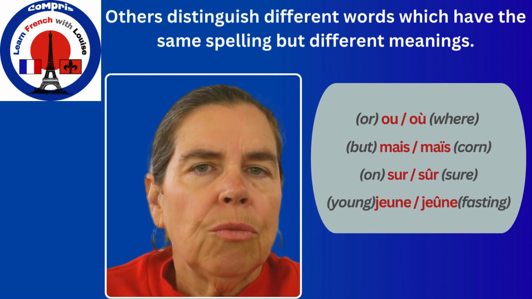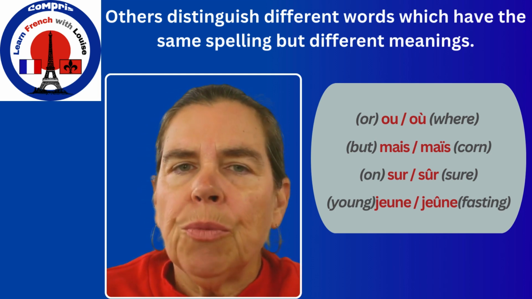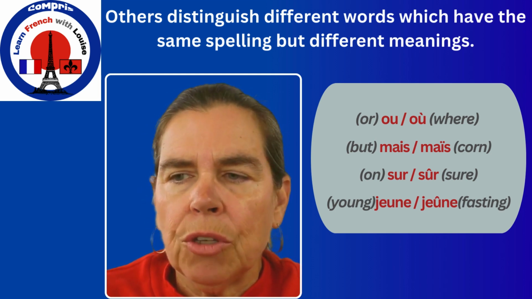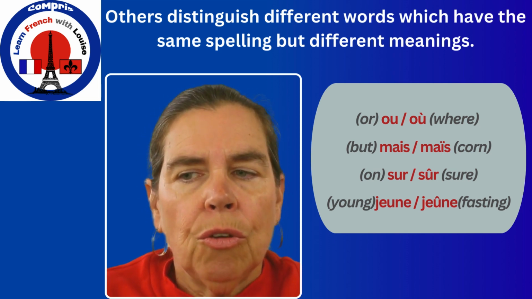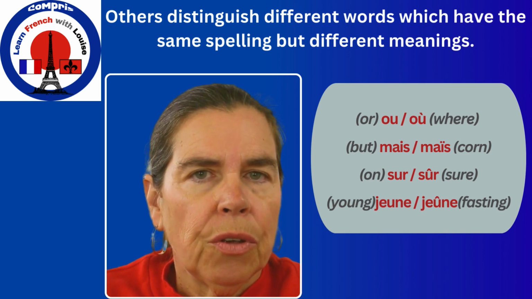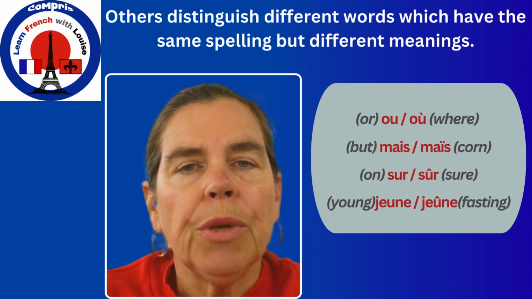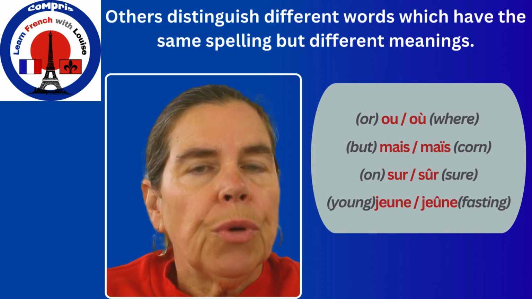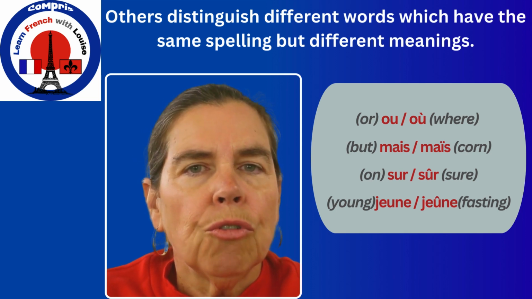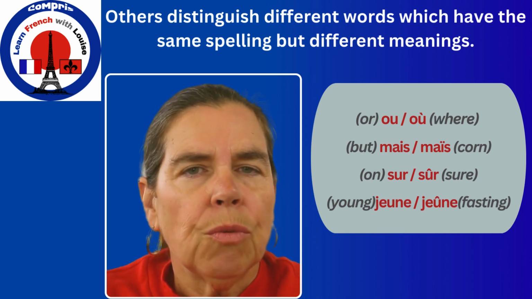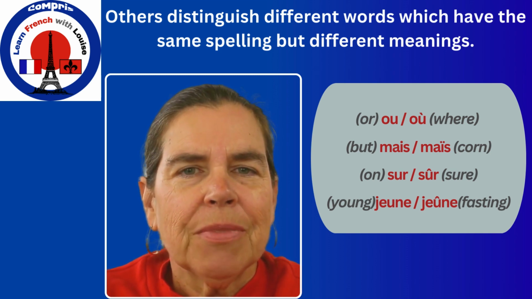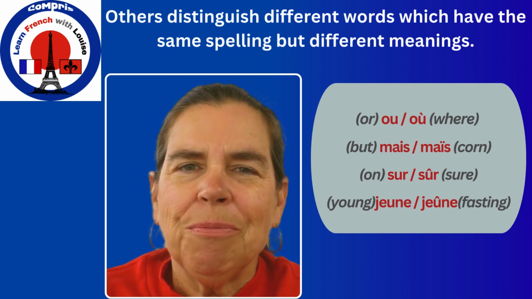Sur means on, but when you put an accent circonflexe on the U, sûr means sure. Jeune, without an accent circonflexe on the U, means young, but once you put an accent circonflexe on the U, jeûne means fasting. It also changes the sound of the word a tiny bit. All right, let's move on.